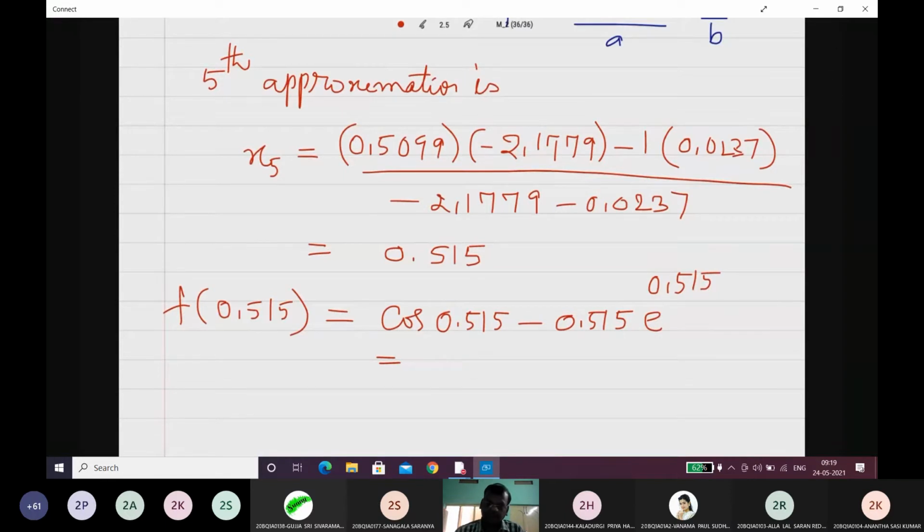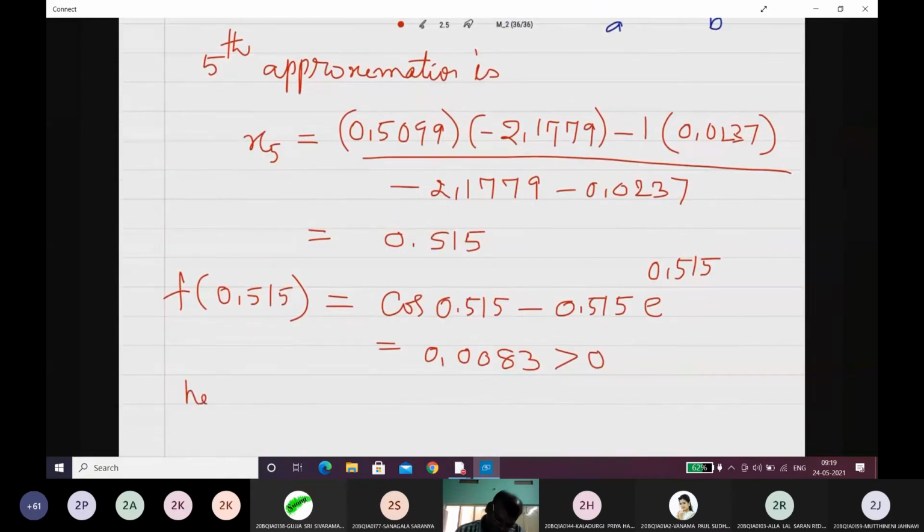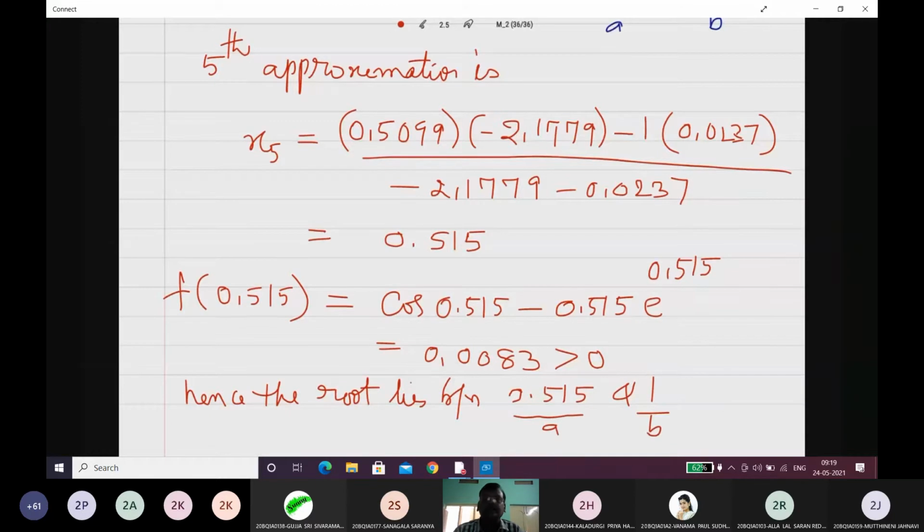Come on, response. 0.0083. This is also positive. Hence, the root lies between 0.515 and 1. This is A and this is B.